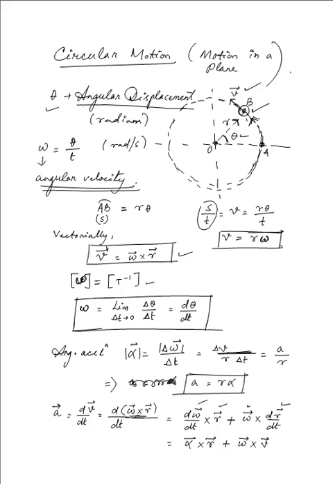If you're doing it correctly, the thumb is extended towards the center of the circular path, which is along the radius. So this term, omega cross v, is the radial term of the acceleration. This is the radial acceleration, a subscript r, plus alpha cross r.